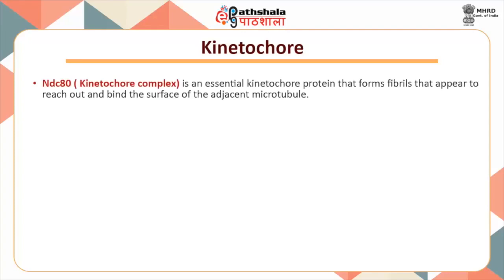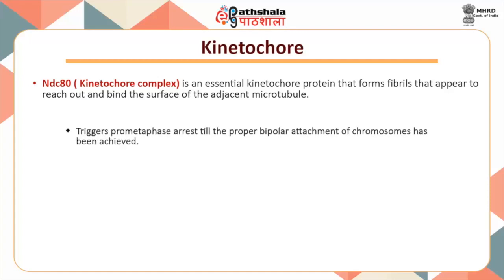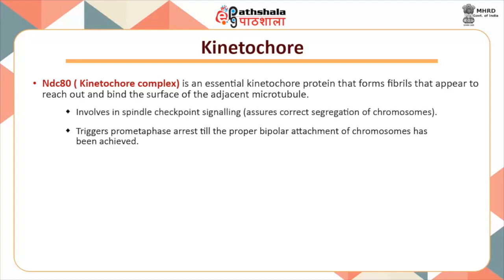NDC80 kinetochore complex is an essential kinetochore protein which binds the surface of adjacent microtubules by forming fibrils. If the chromosomes are not properly attached from both the poles, it can trigger prometaphase arrest. So, basically it is involved in spindle checkpoint signaling.